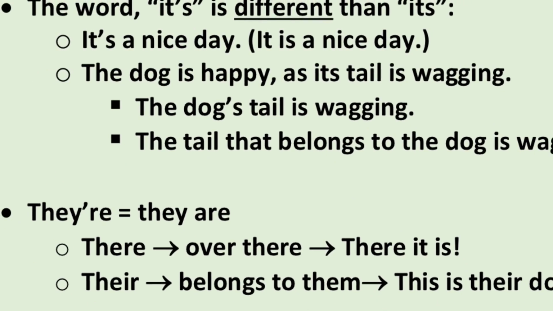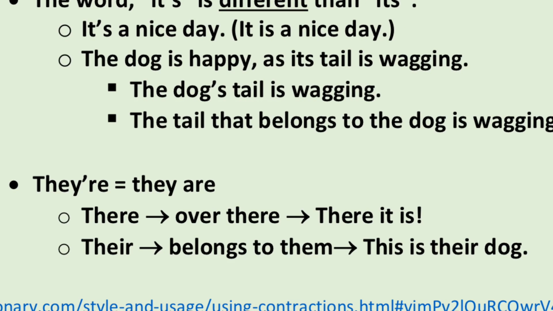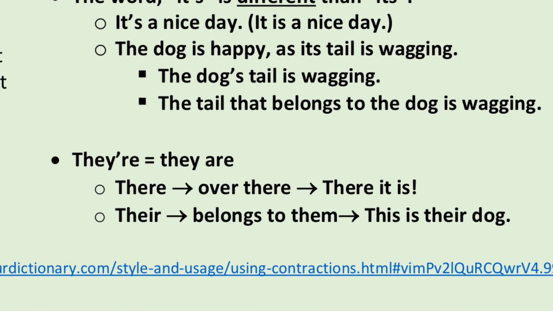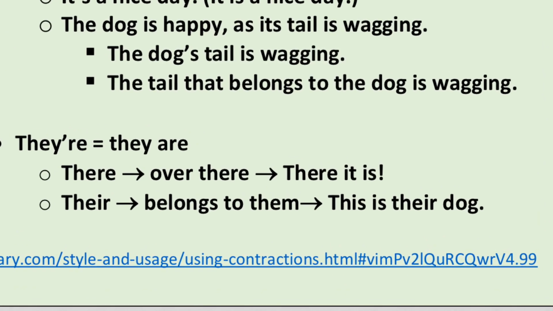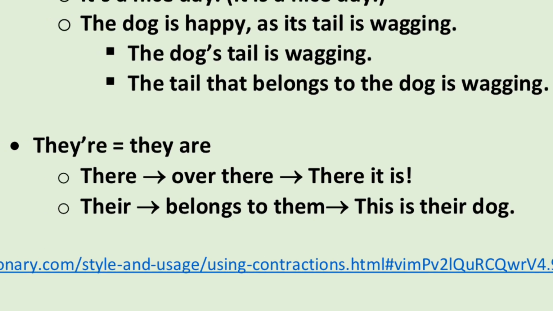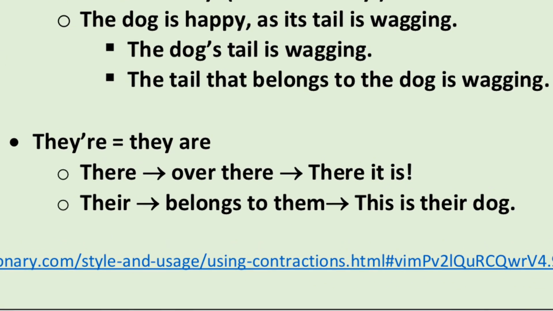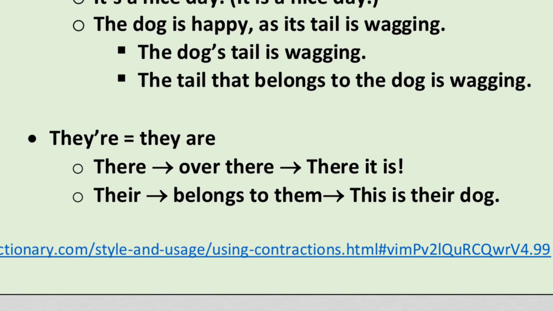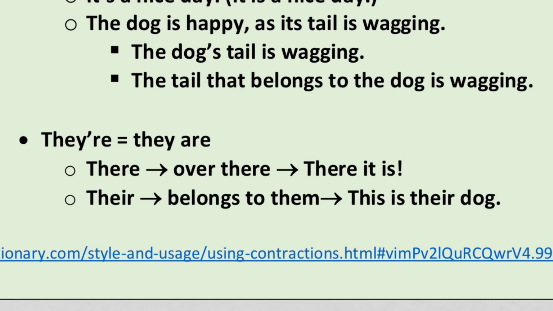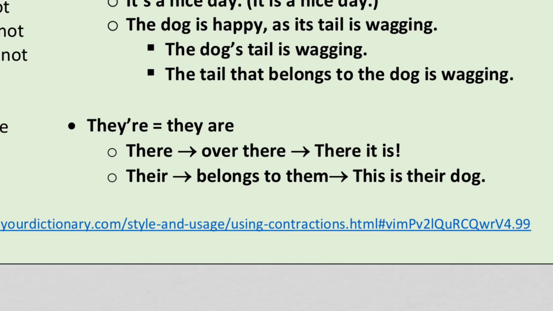This word "its" happens when there is something, a thing. A dog is an animal, which is a thing, and that thing owns something, right? A dog has its own tail, right? So to show that the tail belongs to the dog, we use this word "its," I-T-S, the dog is happy and its tail is wagging, I-T-S.